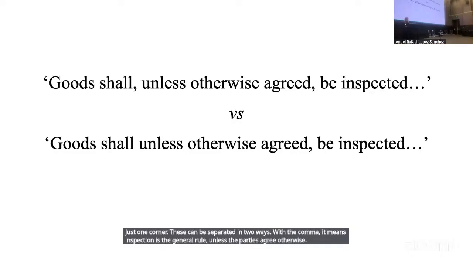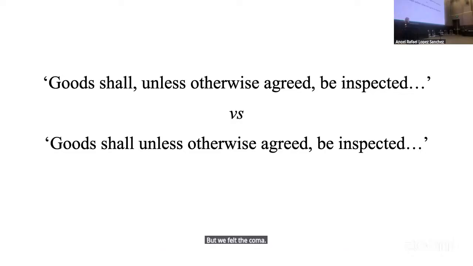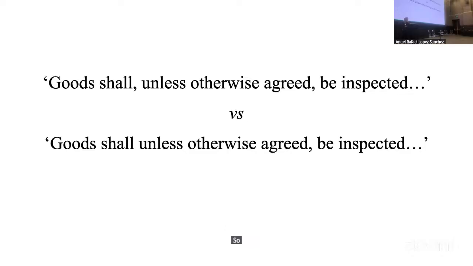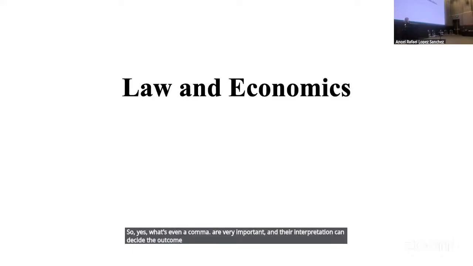But without the comma, inspection becomes part of the agreement itself, an entirely different obligation. The result? The missing comma cost one of the parties 5 million in a settlement. So yes, words, even a comma, are very important, and their interpretation can decide the outcome of a case.